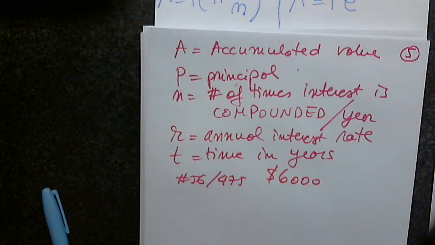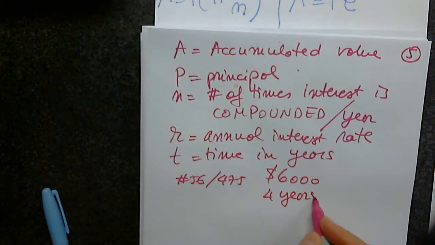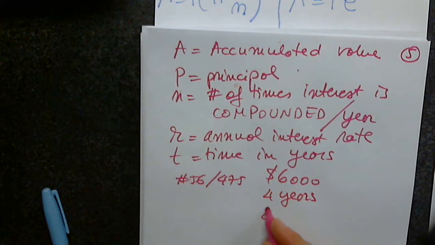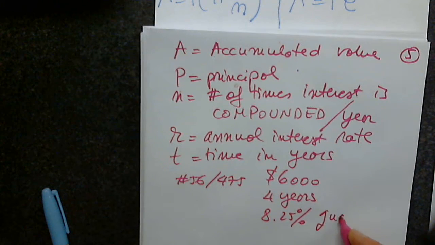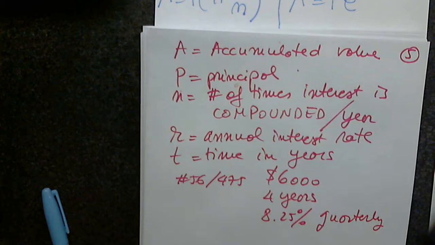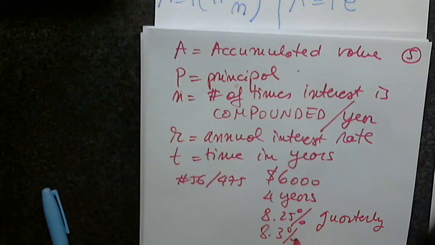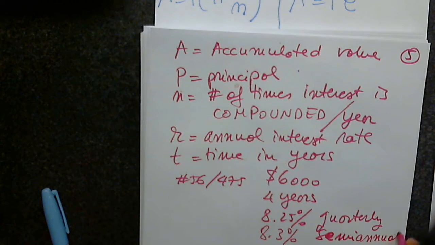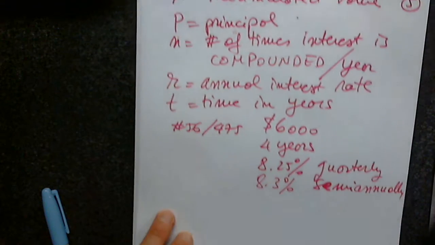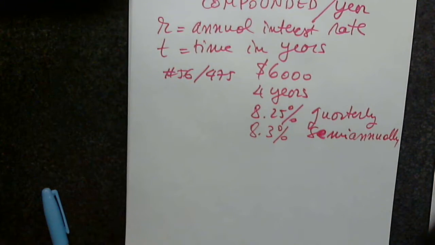I'm just copying the information, and then we identify which investment yields the greater return over 4 years: 8.25% compounded quarterly, or 8.3% compounded semi-annually. So that's our question. First, I need to identify the information given here.